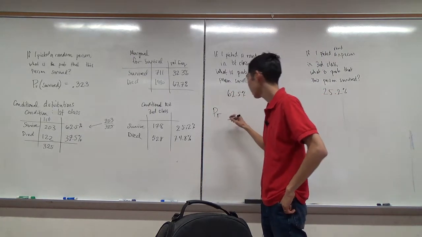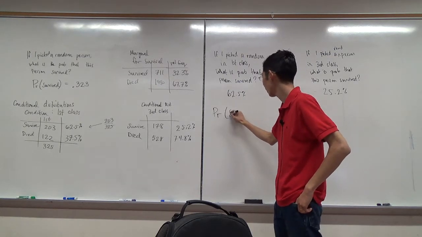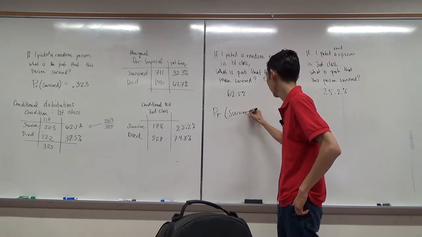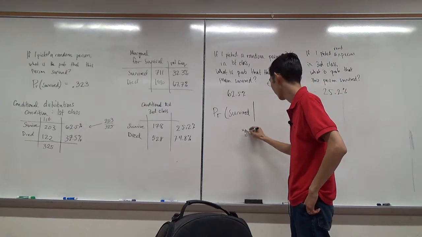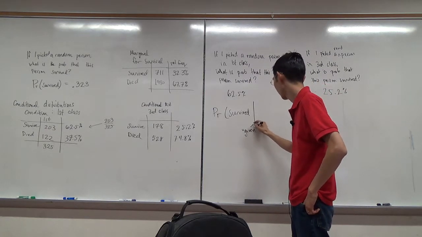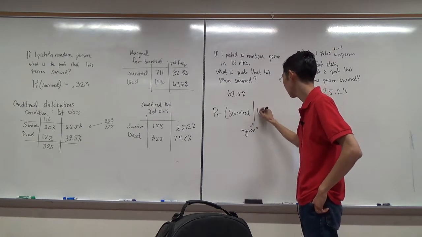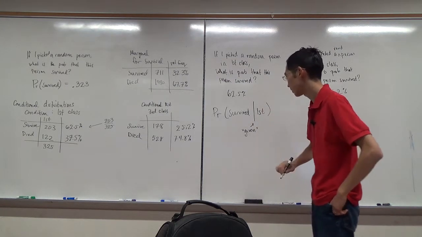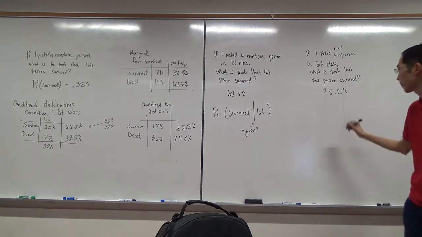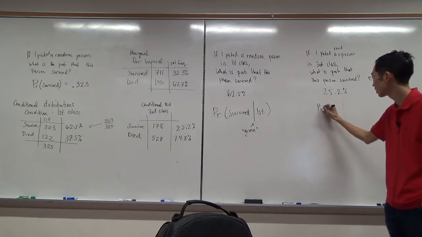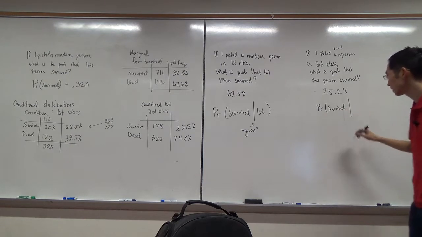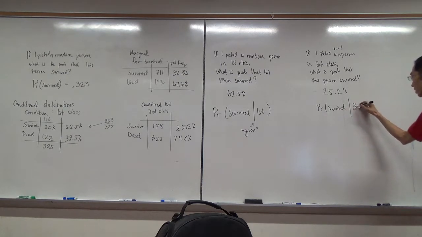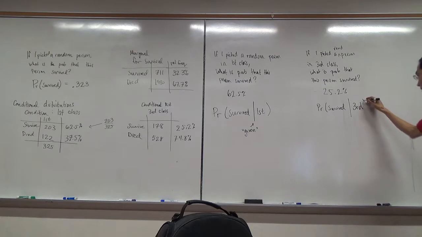So this would be the probability that someone survived, and I would write this vertical bar, which is read as given, that this person was in first class. Over here, this is the probability that someone survived, given that the person was in third class.